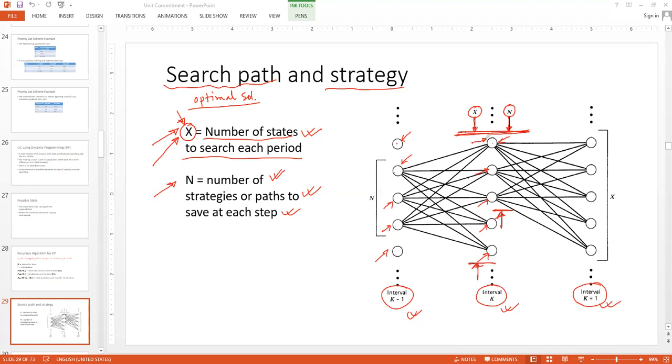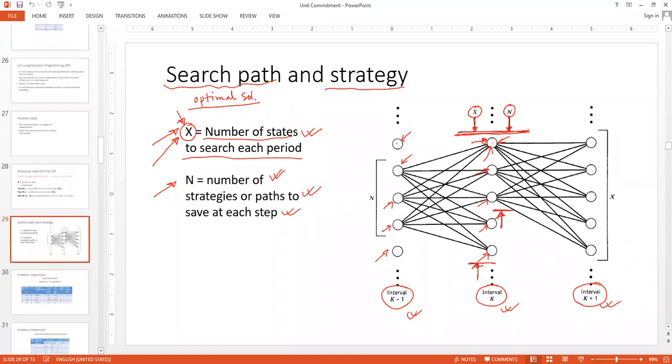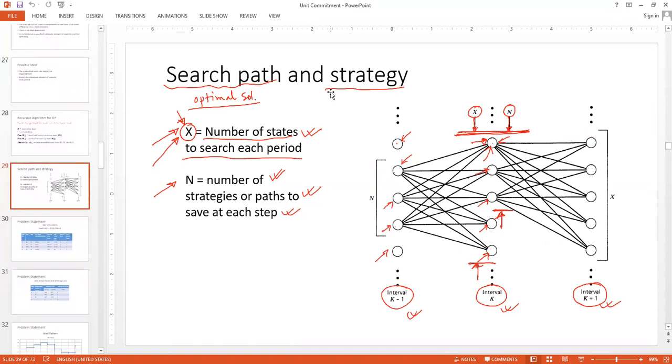However, I might lose some very significant or critical information. If I choose a very small number of paths to be saved at each step, I might lose some crucial information along my path, and it might end up that at one stage I would not be able to progress any further if the value of N is too small.